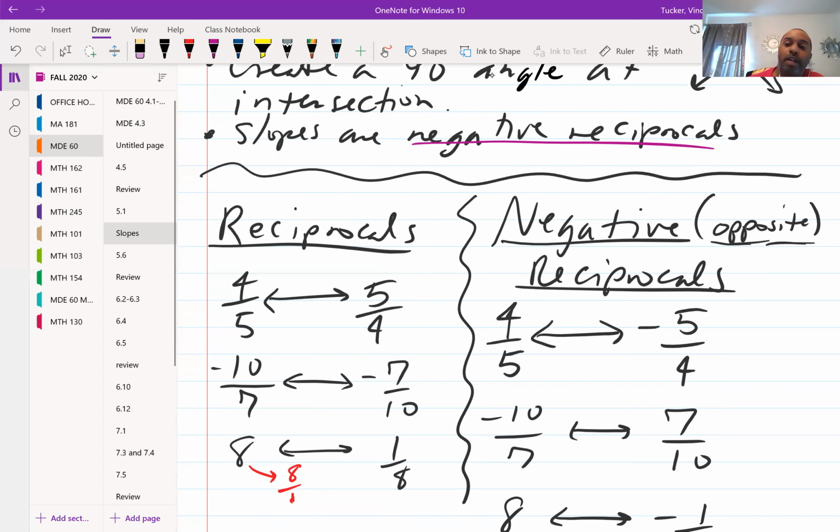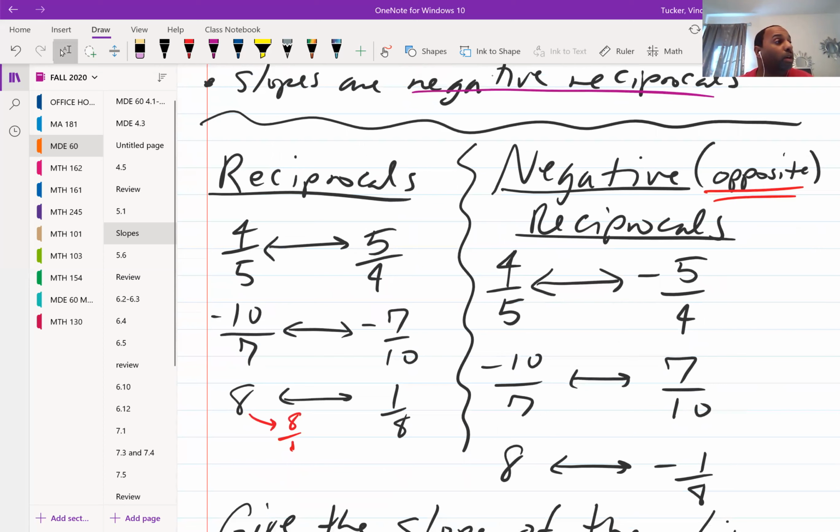Now, if you're talking about negative reciprocals, you're talking about opposite signs as well. Another word for negative is opposite in mathematics. So if I have 4/5, the negative reciprocal would be negative 5 over 4.